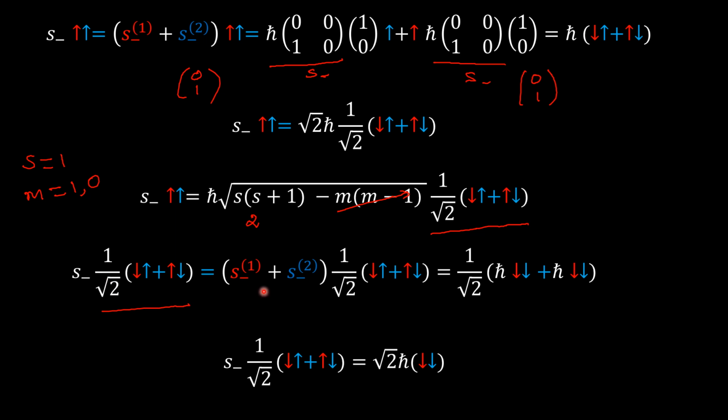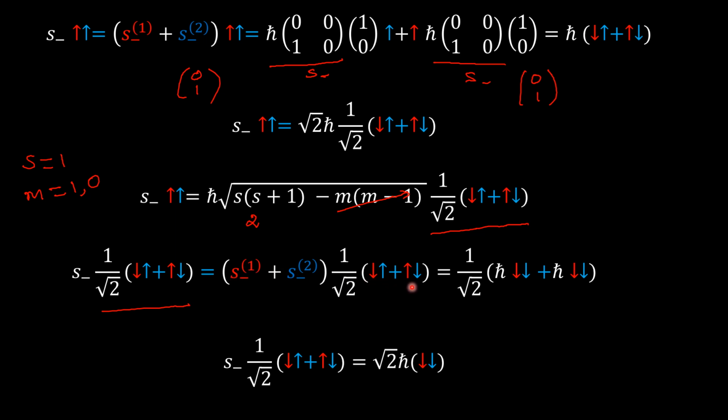The red color is the lowering operator for the electron, the blue color is the lowering operator for the proton. So you take the first one. The red color is already in the spin down state. You cannot bring it still down. So this will become 0 when it acts first.